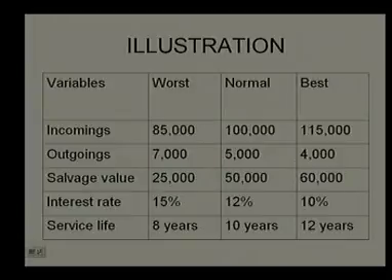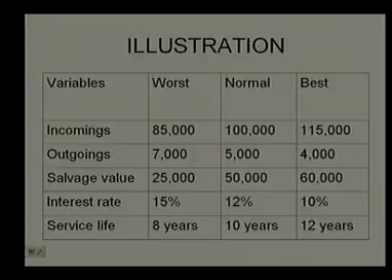Salvage value I anticipate a little bit higher, 60,000. Interest rate I assume a lower value. Under normal situation it was 12%, now I am assuming only 10%. Service life, here again I am having an optimistic value, 12 years.